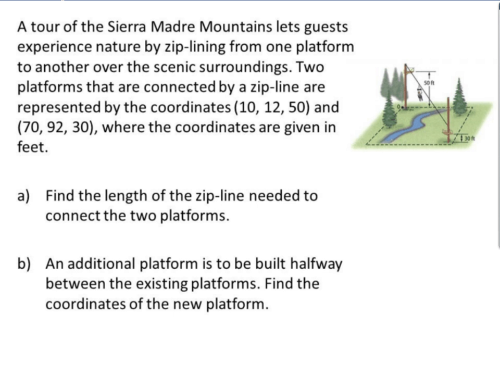So when you're finding length, your first ordered triple is x sub 1, y sub 1, and z sub 1. The other one is x sub 2, y sub 2, and z sub 2. So we plug that into our distance formula.